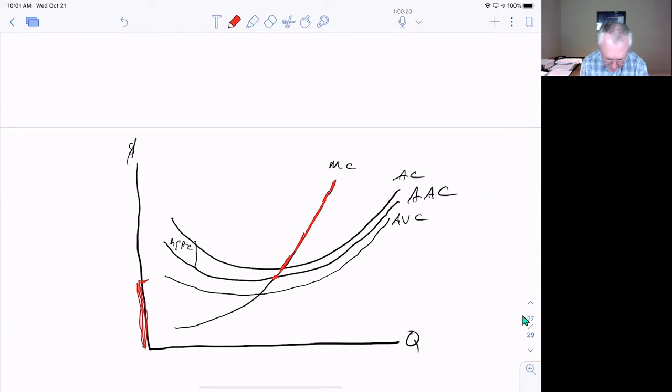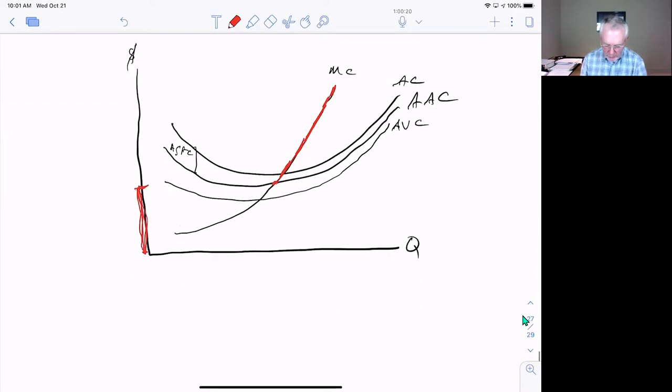So when I have a firm that has this cost structure here, it's going to have a supply curve that is discontinuous. That is to say, Q will be zero for any market price less than or equal to P prime, and let me call this P prime.